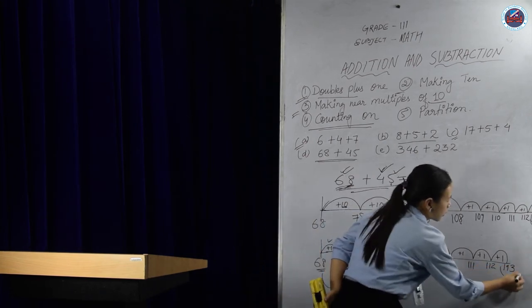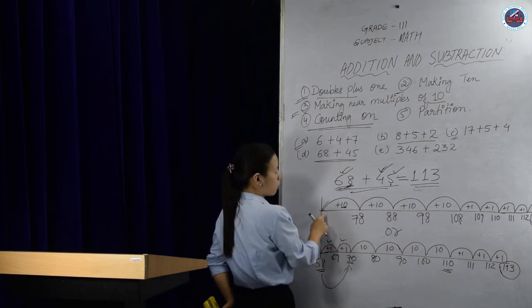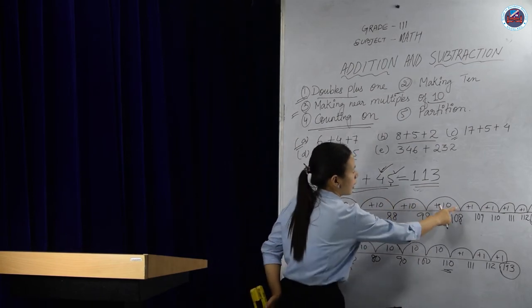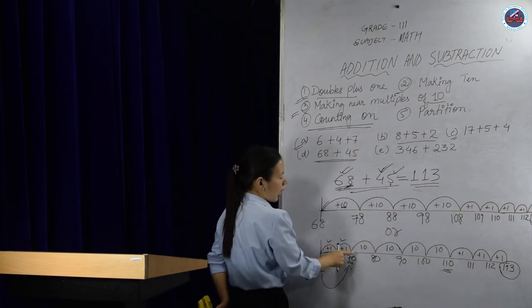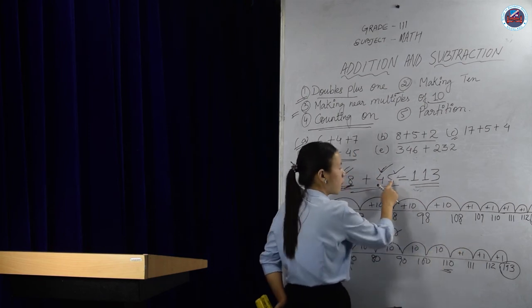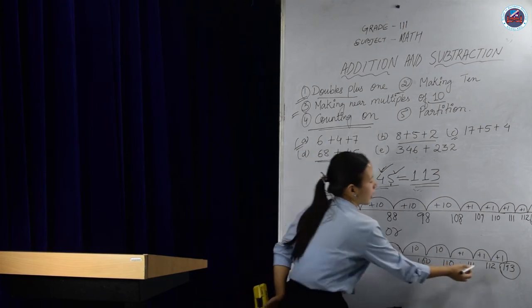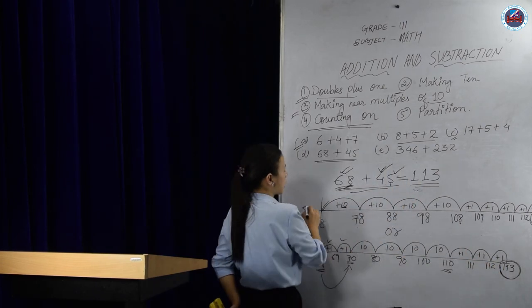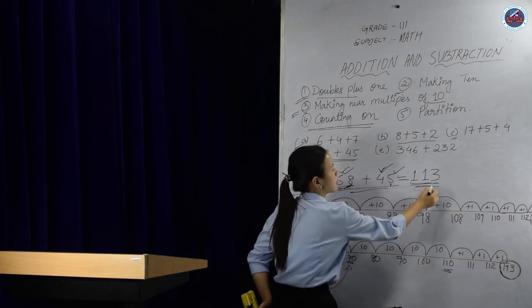So the answer, that is the sum, is the same, 113. Only the strategy is different. Here we started with the tens, and then we went for the ones. Here we started with the ones, then we went for the tens, and then we went to the remaining ones, that is 3 ones. So that's how we get the answer using this counting on method to find the sum.